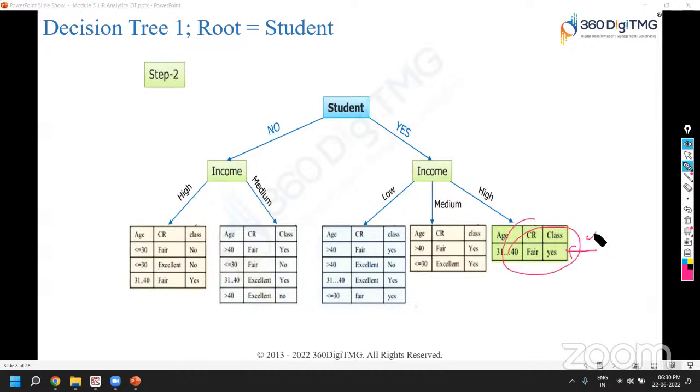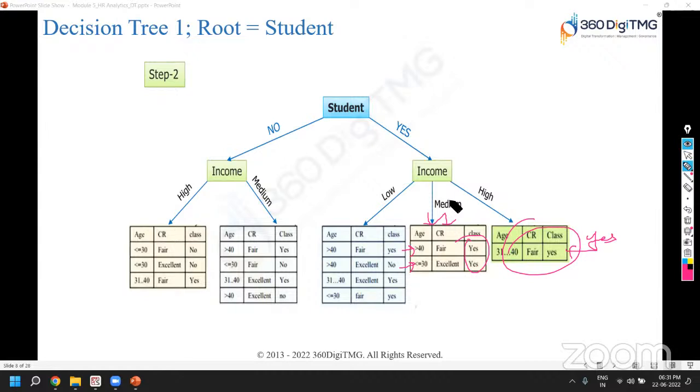In this case, I can say yes, the customer will be purchasing the computer. Same way, though I have two records and two columns here, both rows belong to the same class. All the samples belong to the same class. Even then, in this case, I will be able to take a decision.